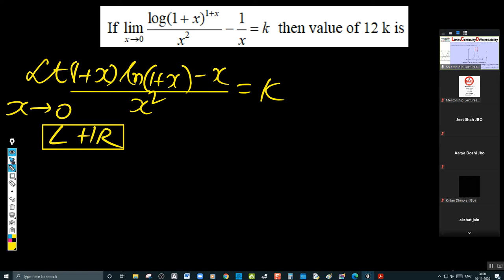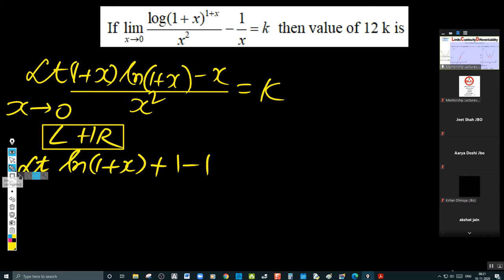Then it is the limit of (1 plus x) times the derivative: 1, ln of 1 plus x, again ln of 1 plus x derivative 1 by (1 plus x), into (1 plus x), you'll get 1 minus 1, whole divided by x squared, derivative 2x.